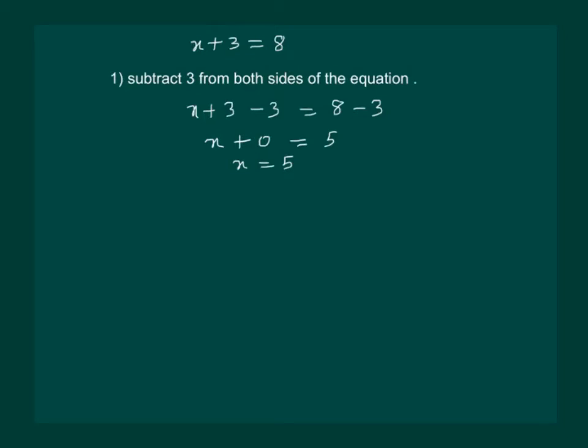Let us confirm our answer. Let us put x equal to 5 in left hand side of our equation. So, left hand side is x plus 3. When we put x equal to 5, we get 5 plus 3, which is equal to 8.